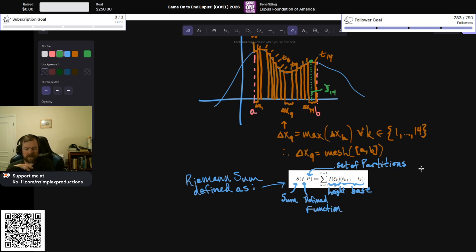But the general idea is that it doesn't actually matter where within that sub-interval we're marking each of our x's.